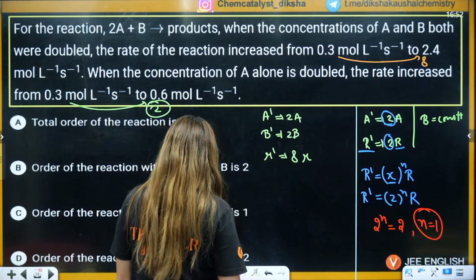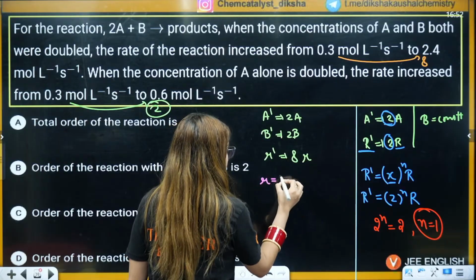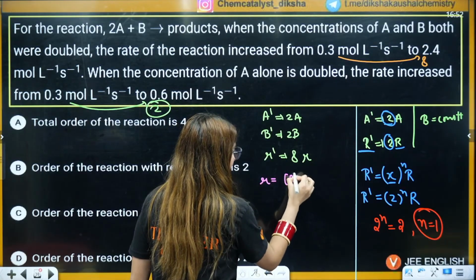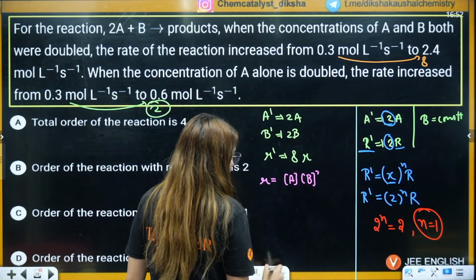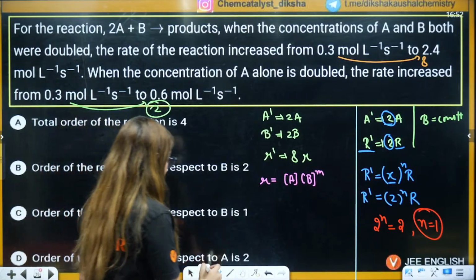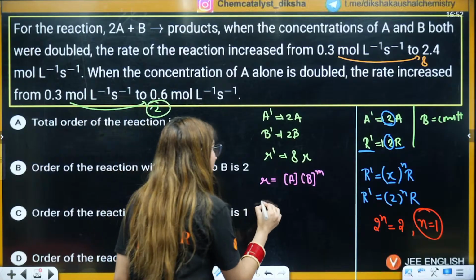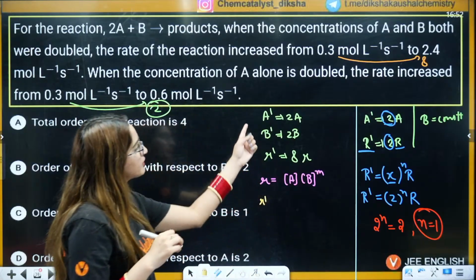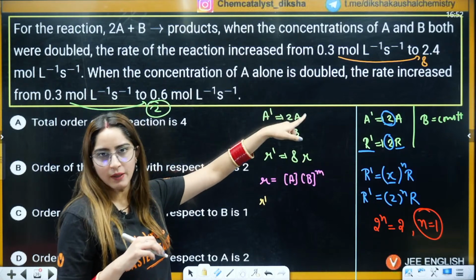With respect to A it is 1, that means R is equal to A, and with respect to B, which I don't know, I'll write M here. Now, if I am doubling the concentration of A, R dash will get doubled, right?